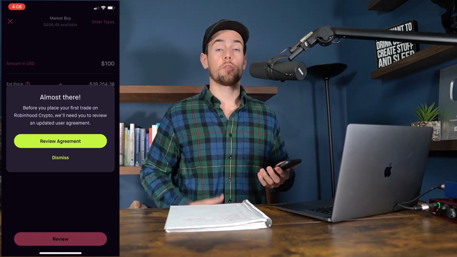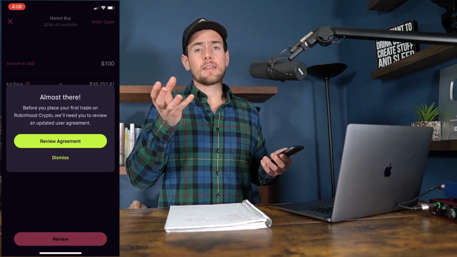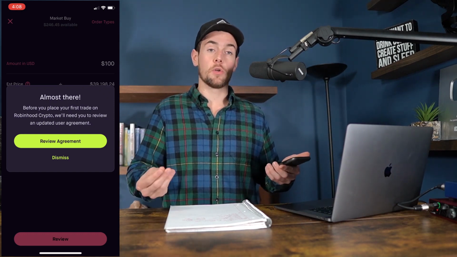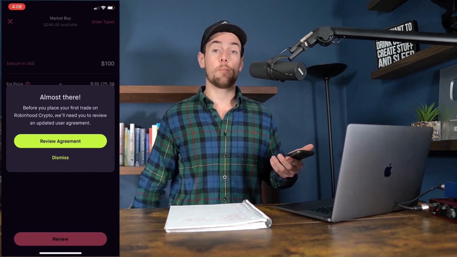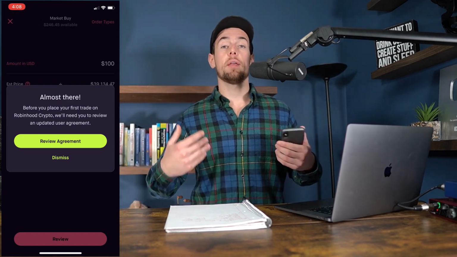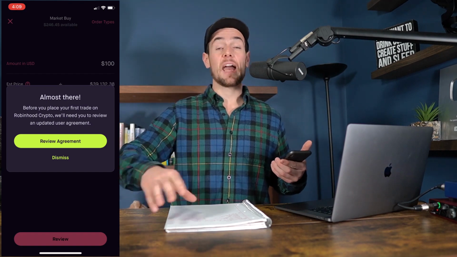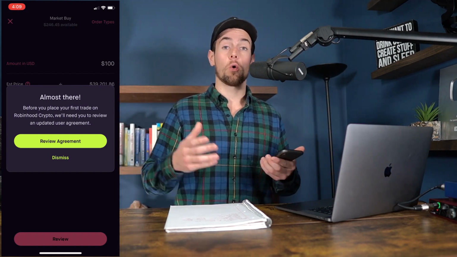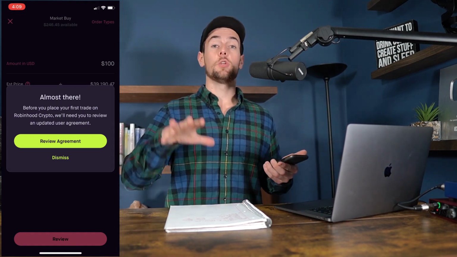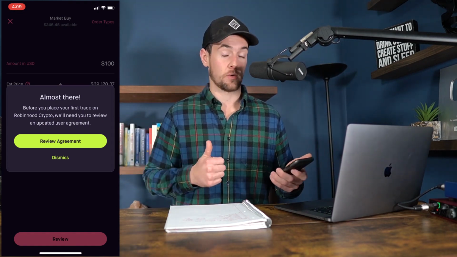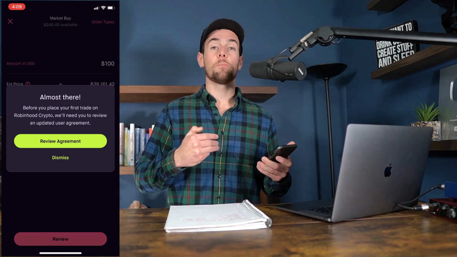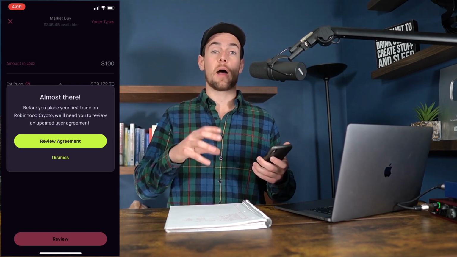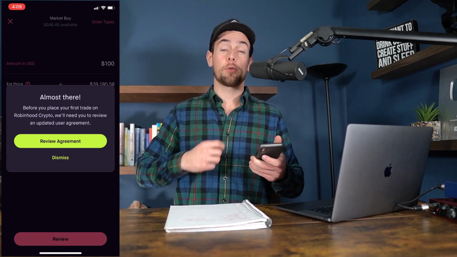So what's important to understand is that when you're buying stocks and ETFs with Robinhood, you are insured under SIPC insurance, which covers you in the event of theft of cash, theft of assets, anything like that. So if somebody stole that money or Robinhood went insolvent, you are covered under SIPC insurance. The issue with crypto is that there's no federal insurance policy insuring your crypto assets.